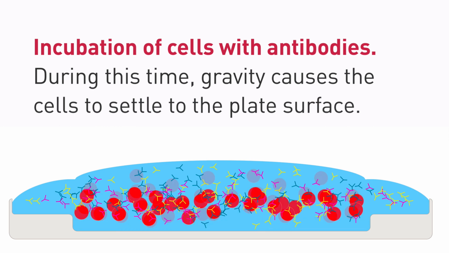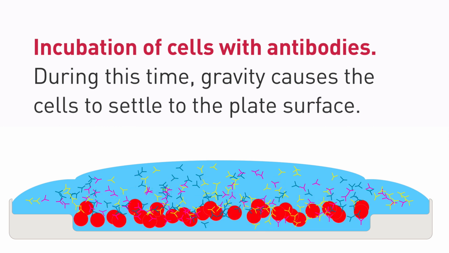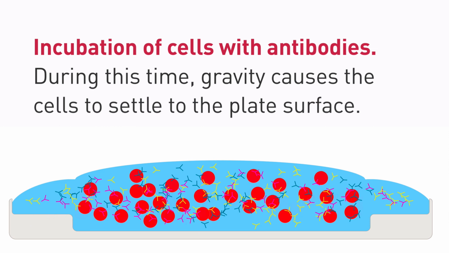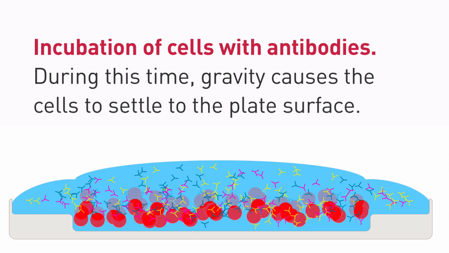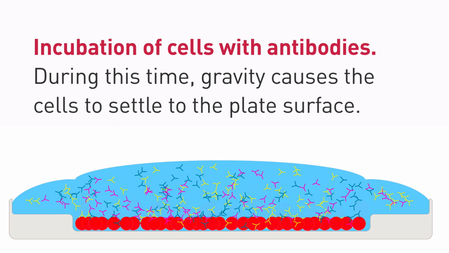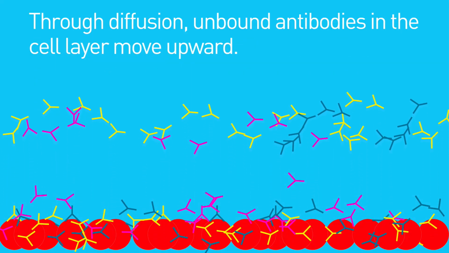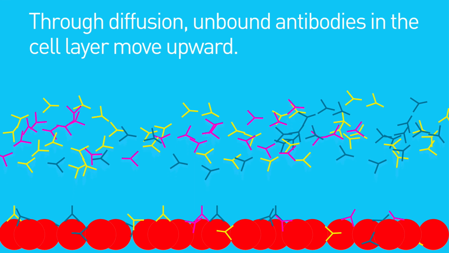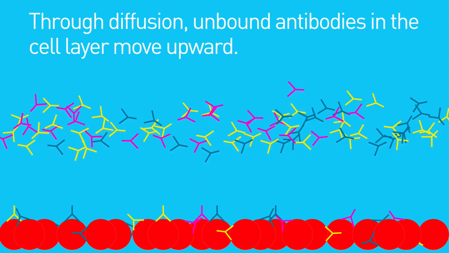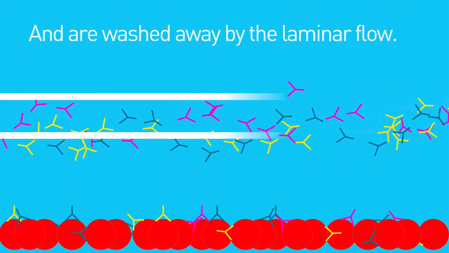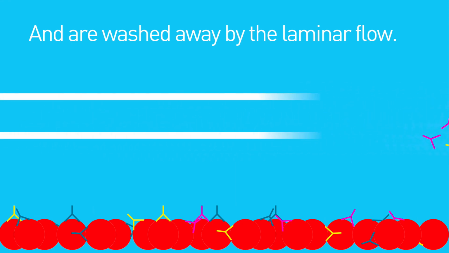So you can see this here, where we add the cells over, say, a 30-minute period of time for this particular sample. The cells settle to the bottom of the plate. Then through diffusion, the unbound antibodies or unbound proteins or whatever is in there are washed away by the laminar flow, leaving the cells on the bottom that have our antibodies bound to them.